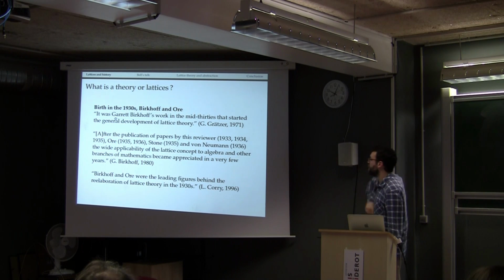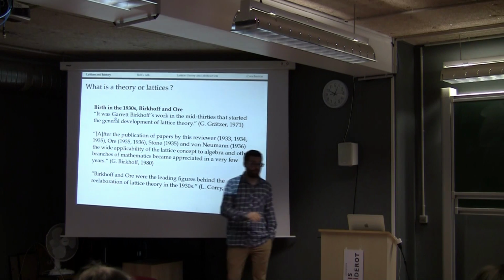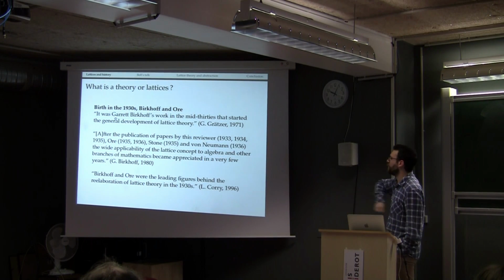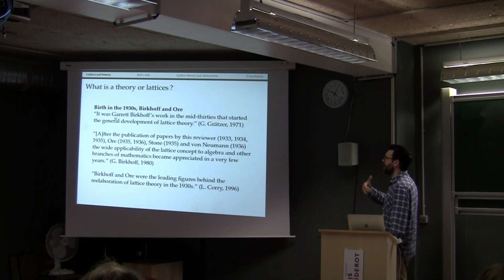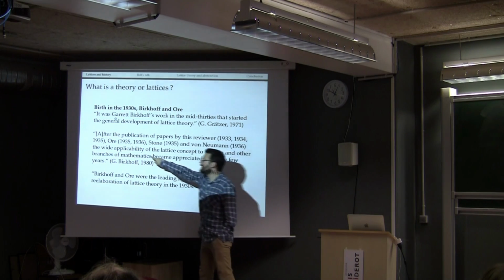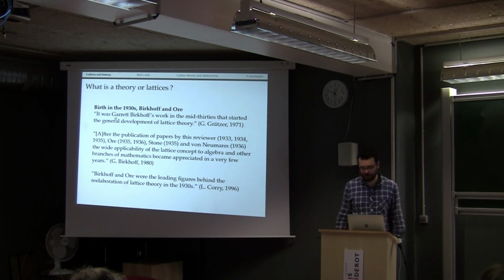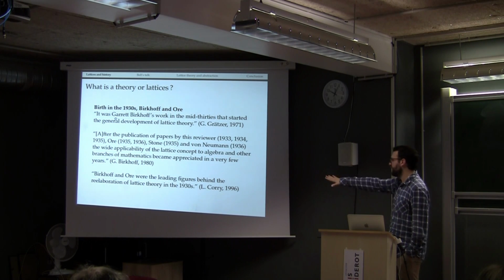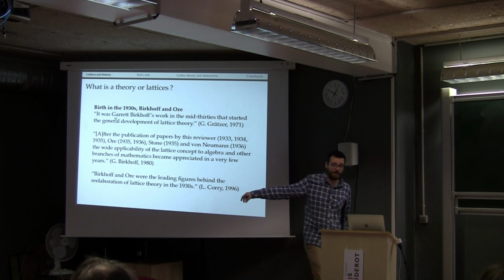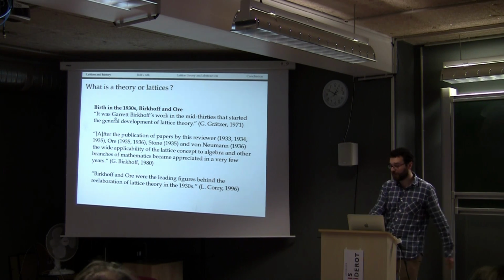It is kind of the same point by Birkhoff himself, who says it was after his works and those of Stone and von Neumann that the applicability of lattices became very important, and I'm going to come back to that in the next slide. And it's the same in a historical book, this time by Leo Corry, who said that it was Birkhoff and Hall who were the main figures in lattice theory.